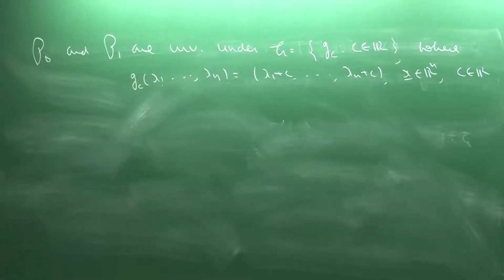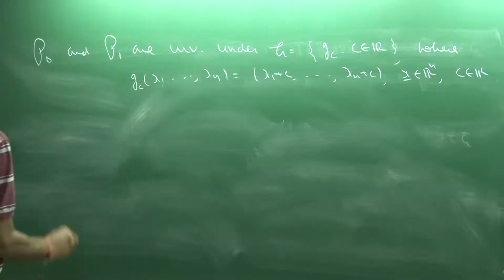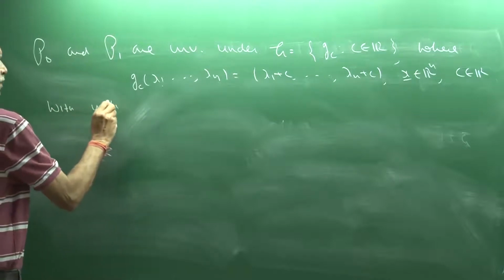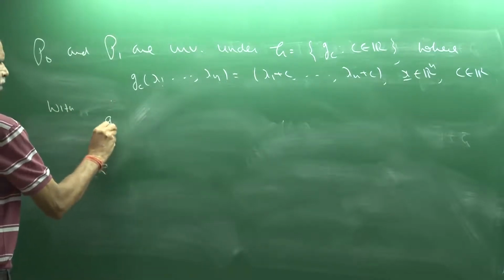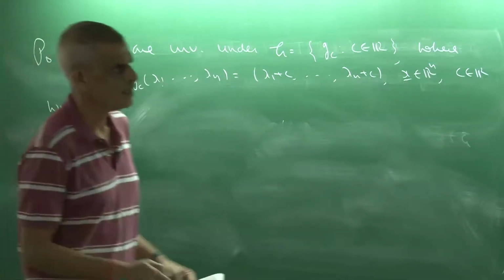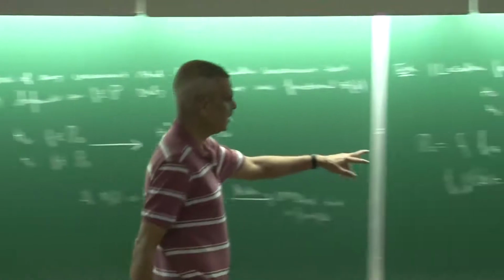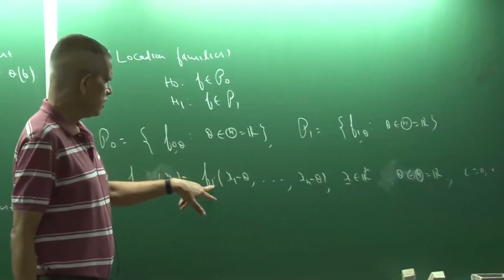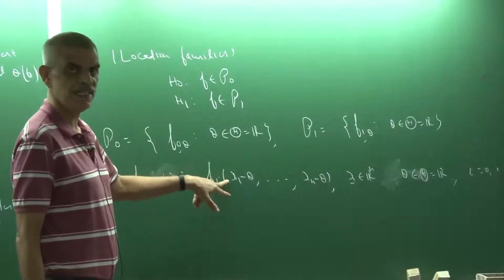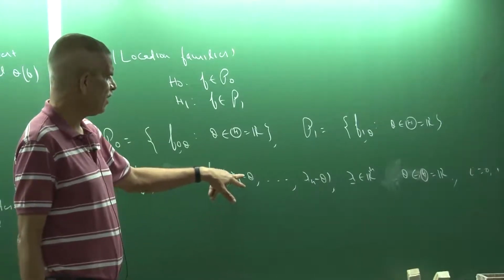What is the induced group of transformations? What should G bar be? You know that when it is in Pi, x1 plus c would have y1 minus theta minus c.